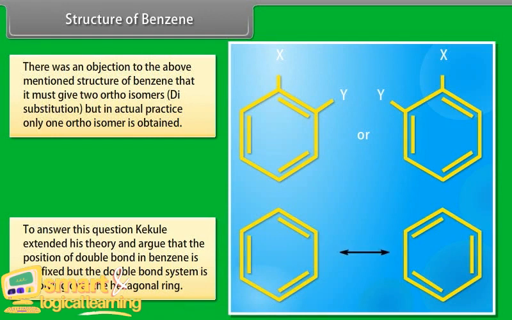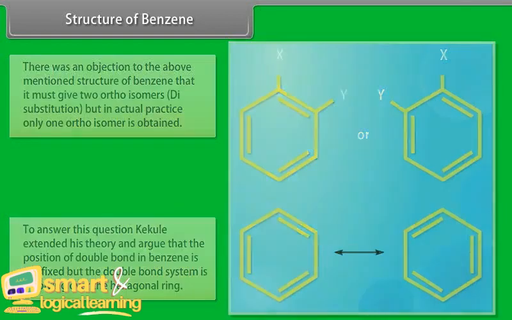To answer this question, Kekule extended his theory and argued that the position of double bonds in benzene is not fixed, but the double bond system is revolving over the hexagonal ring. He proposed the given structures and said that all C-C positions have a partial double bond character.